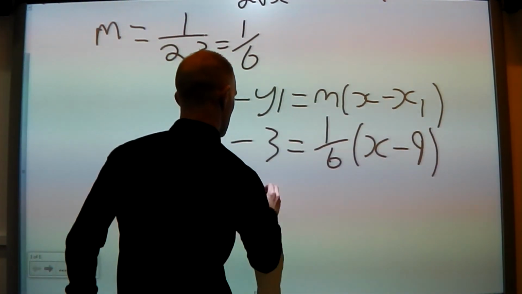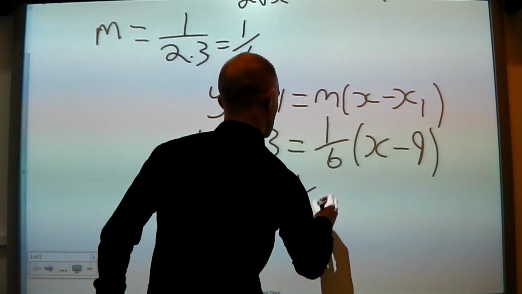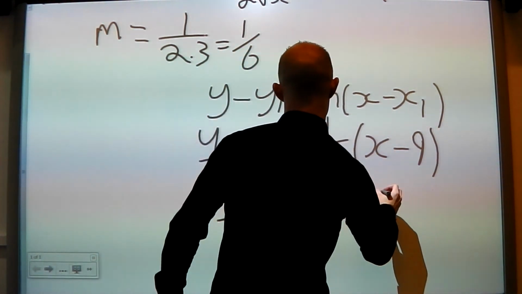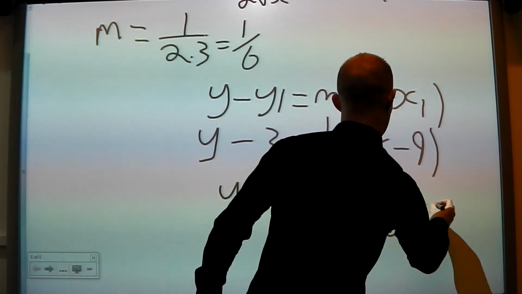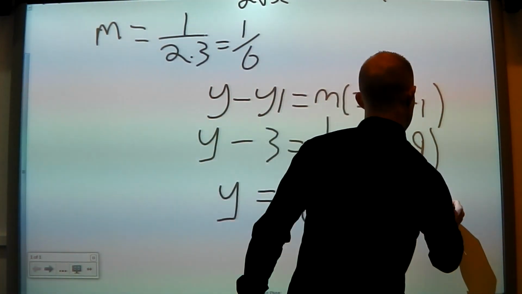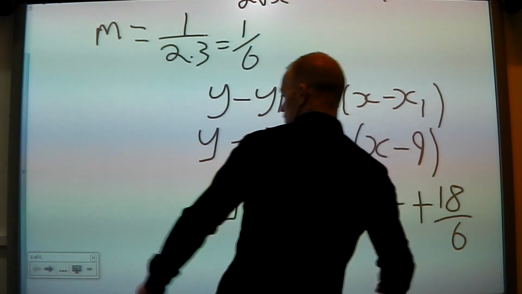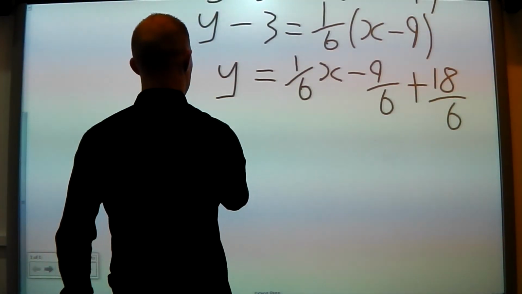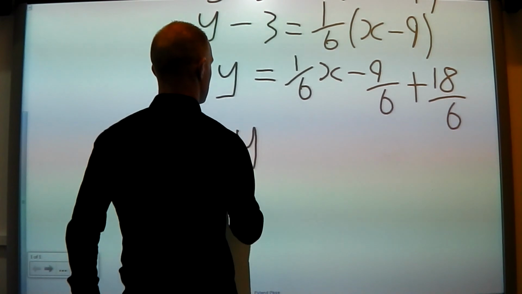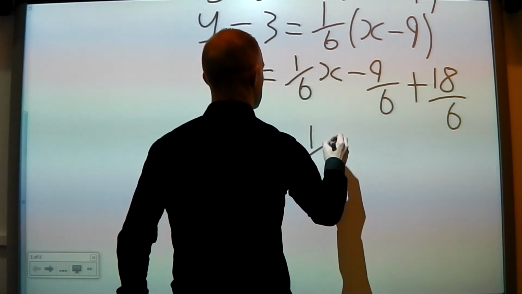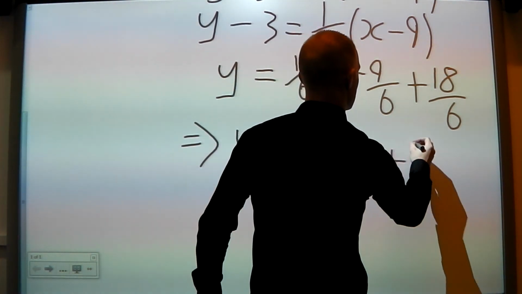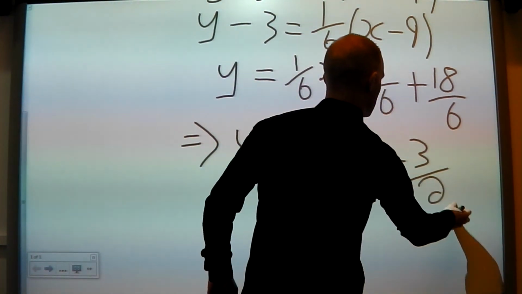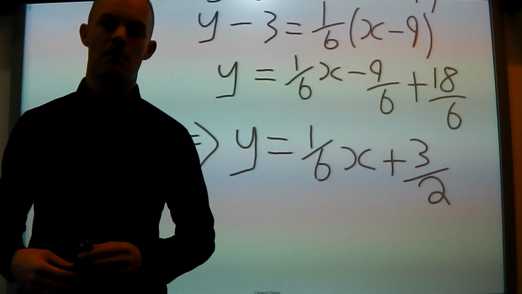So y is equal to 1/6 x minus 9 over 6 plus 3. But 3 is also 18 over 6, we'll just write that down as 18 over 6. So that implies the equation of the tangent in the form y equals mx plus c is y equals 1/6 x plus 9 over 6, which is plus 3 over 2. That's the equation of the tangent at the point 9, 3.